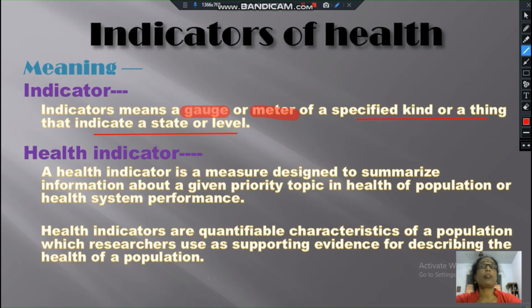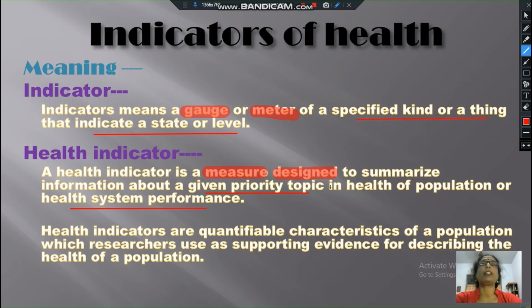But what is the meaning of health indicator? A health indicator is a measure designed to summarize information about a given priority topic in the health of a population or health system performance. That means a health indicator is a measure designed in such a way that it helps to summarize information regarding any topic related to the health of the population or health system performance.